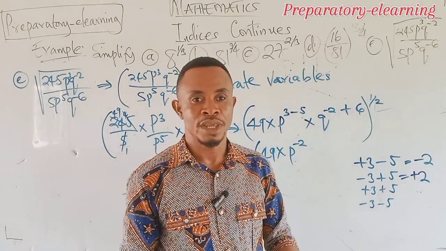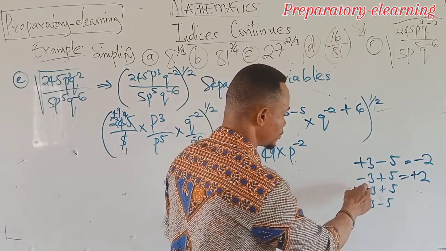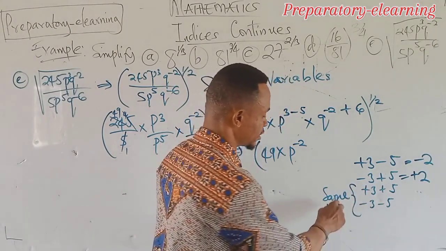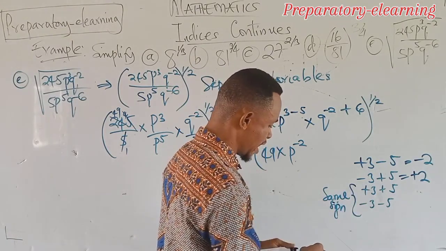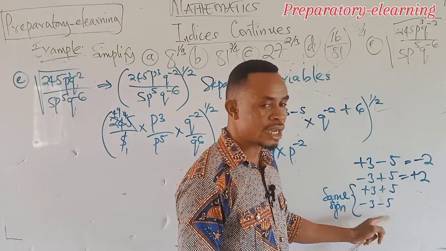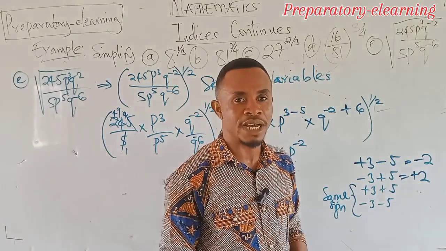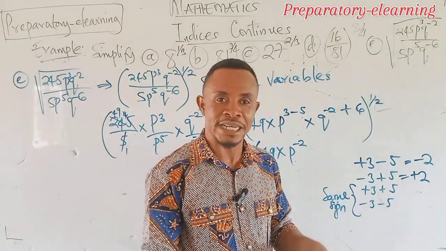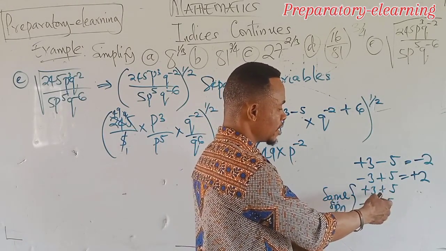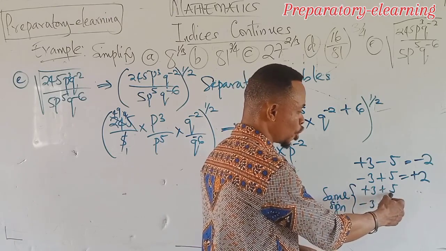Hope you understand that. Whereas in this one, we have same signs, plus and plus, minus and minus. When we have same signs, what do you do? You add, you find the sum. For same signs, you sum.